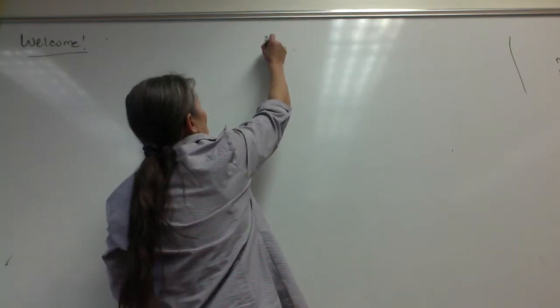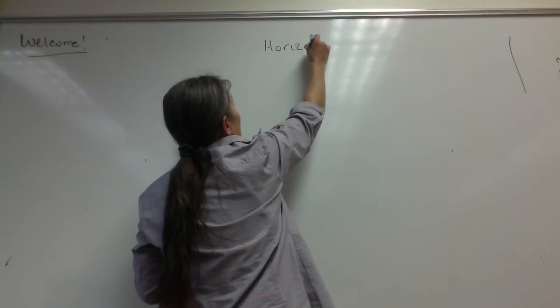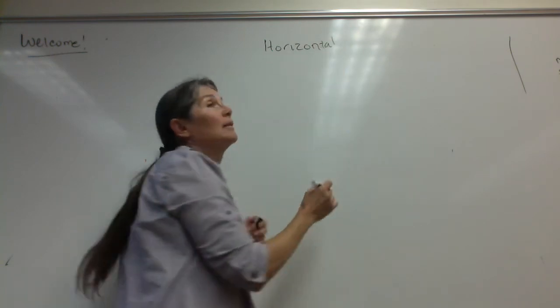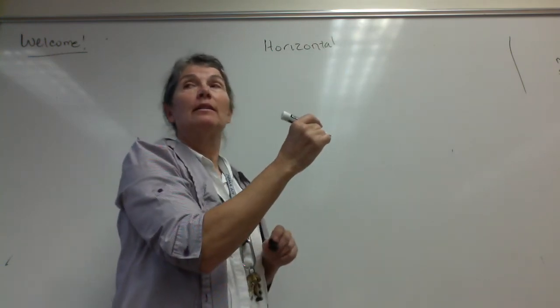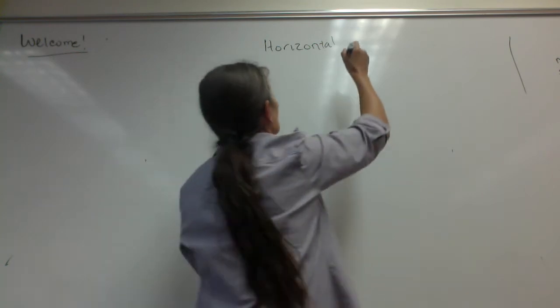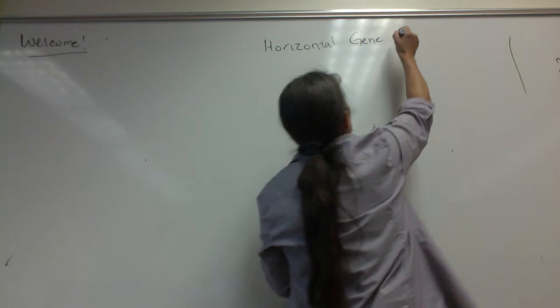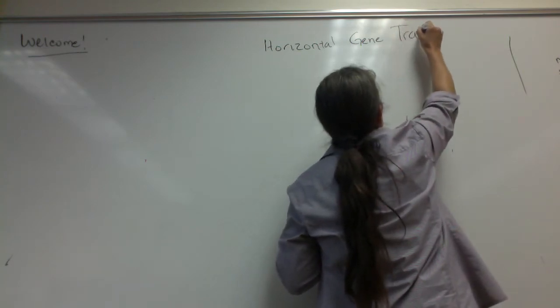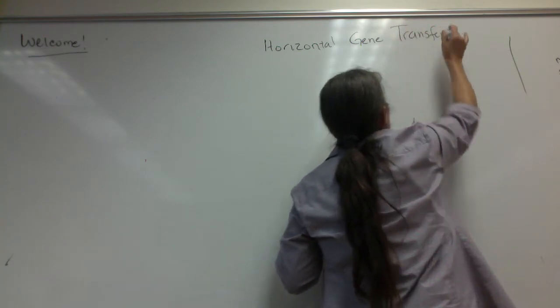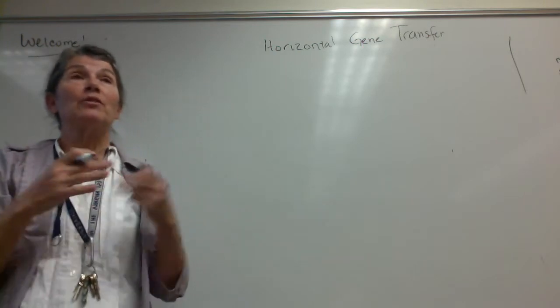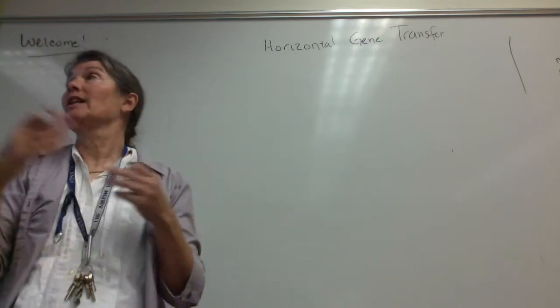So folks, remember in horizontal gene transfer, we always have a donor bacterium and a recipient bacterium. And we know somehow the donor bacterium is going to reach the recipient, right? And there's different ways the donor DNA can reach the recipient.